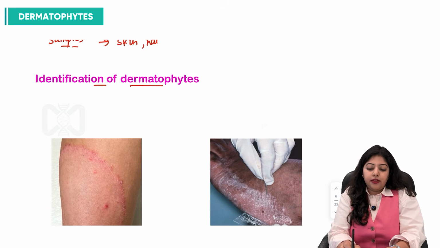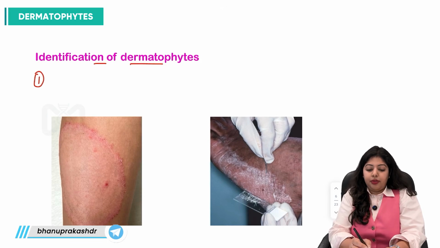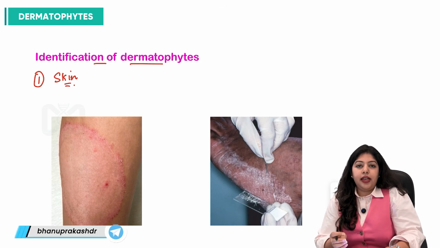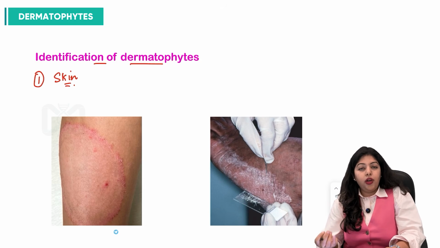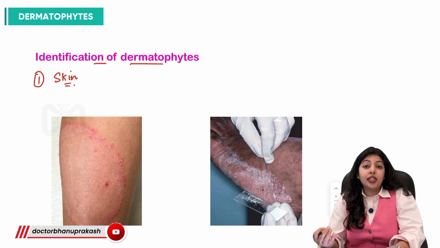Skin, hair, nail, right? So firstly, in order to get a skin sample, what all can we do? We either can have skin scrapings or we can take skin biopsies. But the most recommended sample for skin is going to be the skin scrapings.